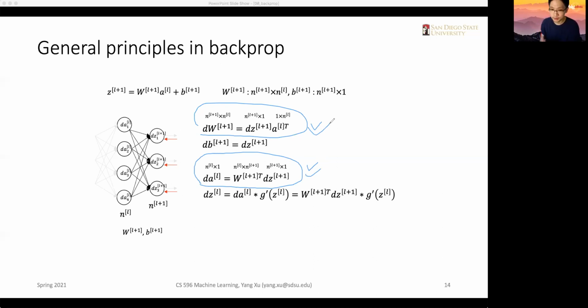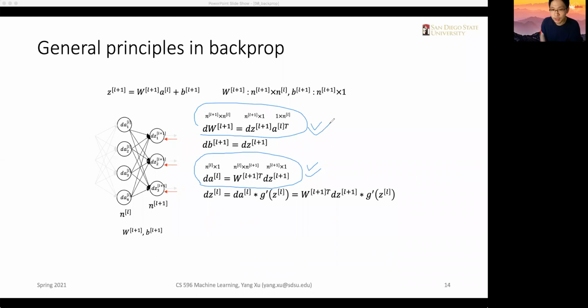The underlying implementation of computational graphs in PyTorch will automatically compute all the gradients for the variables with correct dimensions and correct alignments.